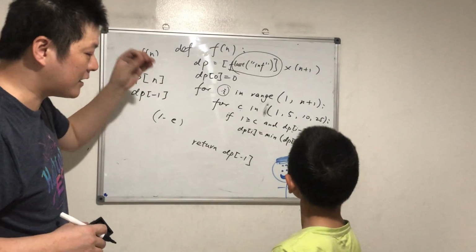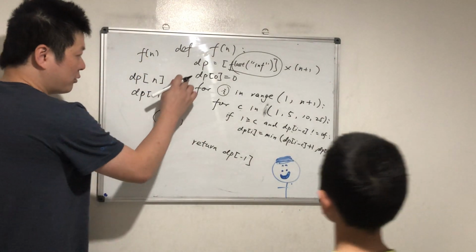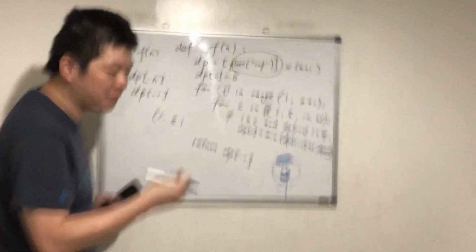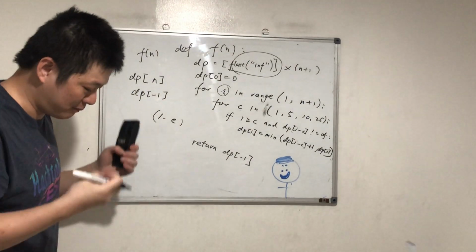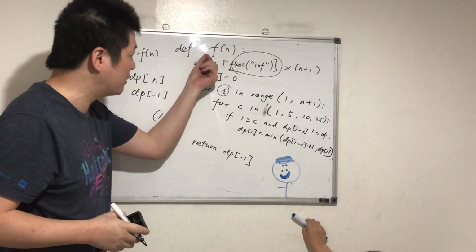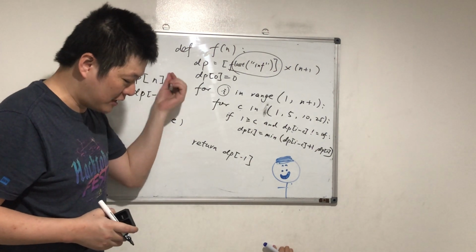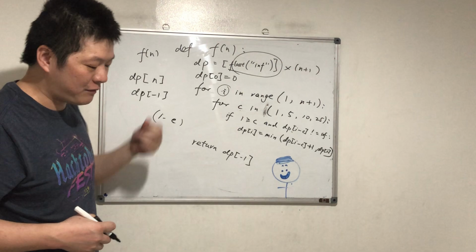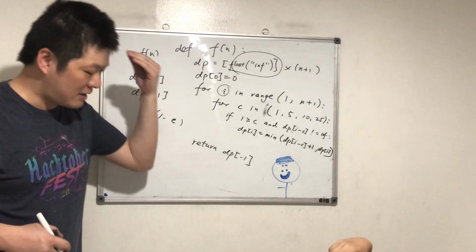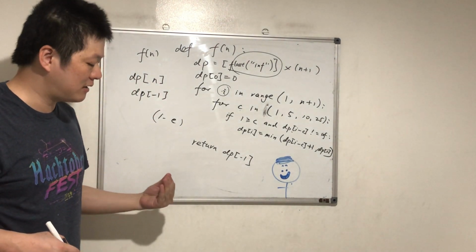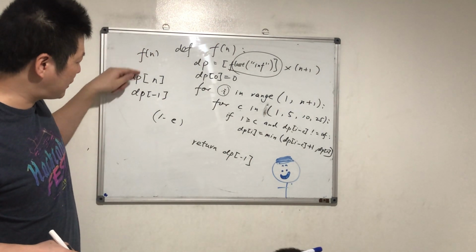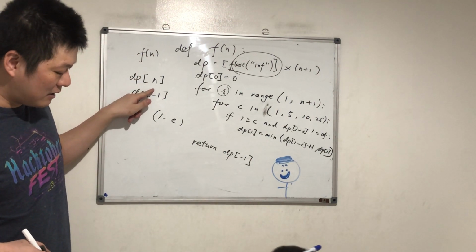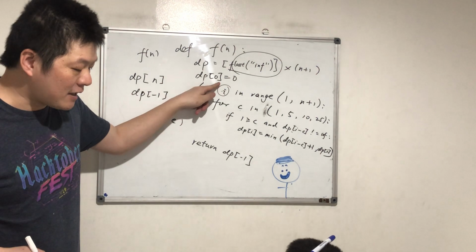Okay, let's do this again. dp[n] is the minimum number of coins if we want to make up the amount n. If I want to give you an amount of n, it will be stored in dp[n], right? dp[0] is 0.